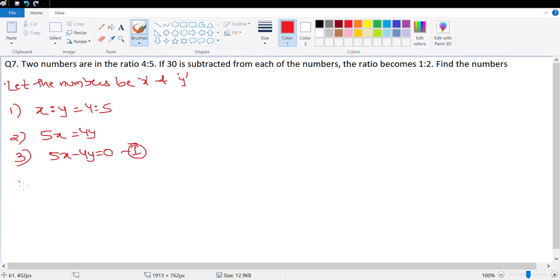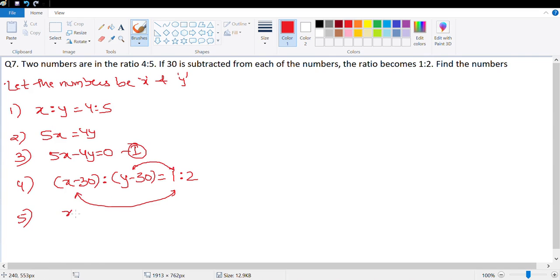So if 30 is subtracted, which means x minus 30 is to y minus 30 is equal to 1:2. That's correct. So now the product of extremes is equal to the product of medians, or you could write it in the fraction form. So x minus 30 upon y minus 30 is equal to 1/2, whichever method suits you.